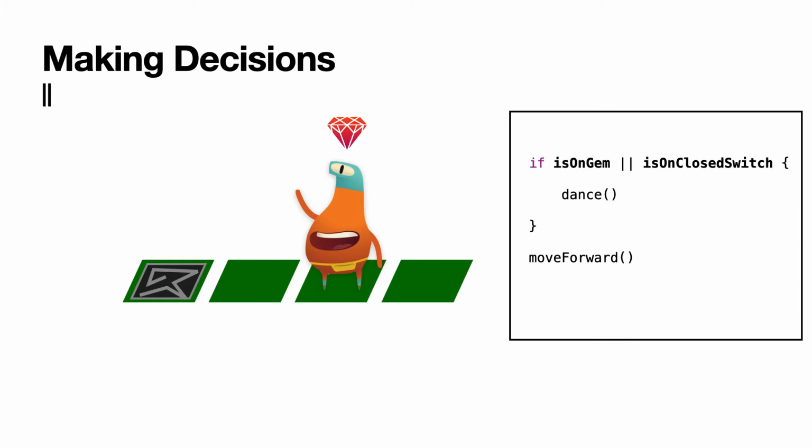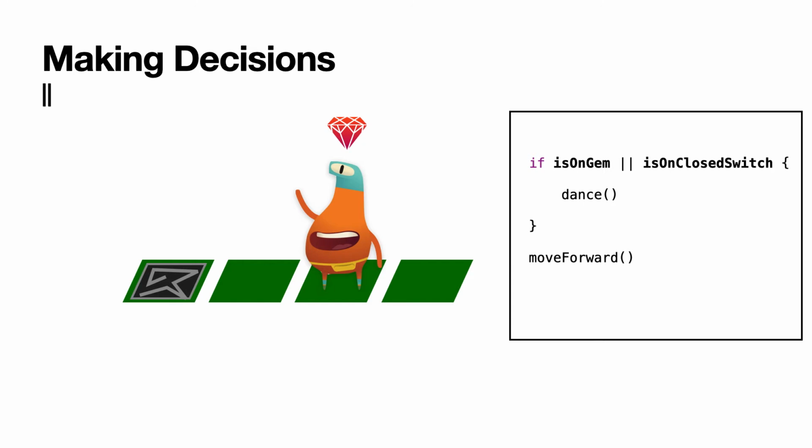That's one condition that we want to dance for. And another one is if we're on a closed switch, because in the puzzles, that means that we'll get the gem and be able to toggle the switch to open. So we'd use a logical OR operator in this case. In the book, they gave an example of Byte dancing if he was on a closed switch or a gem.